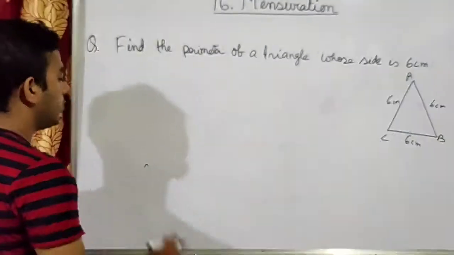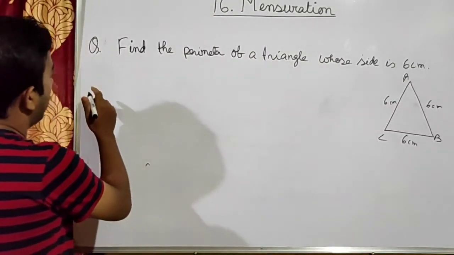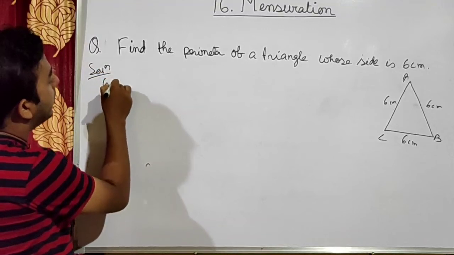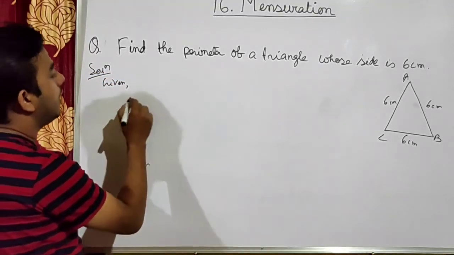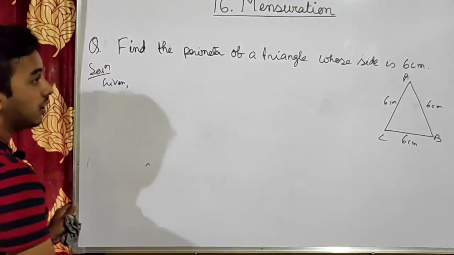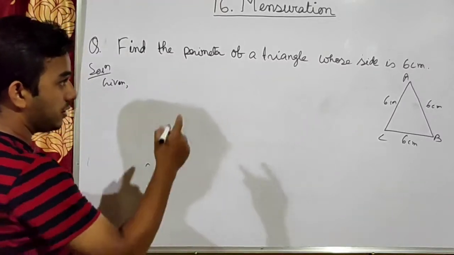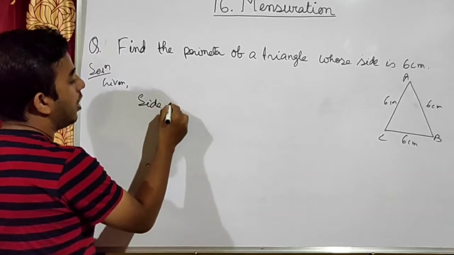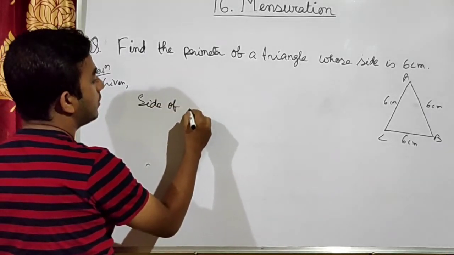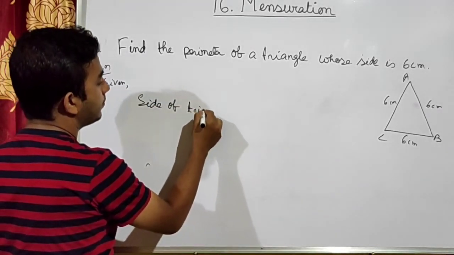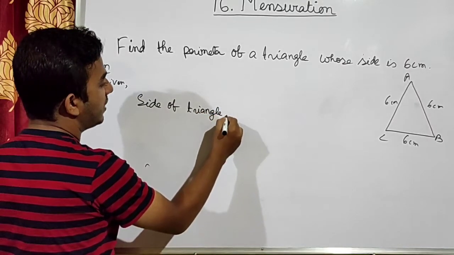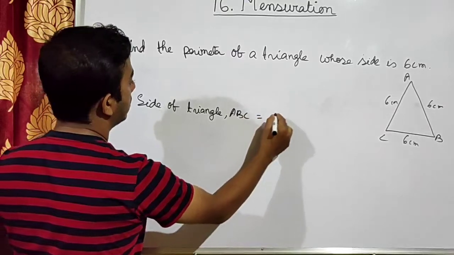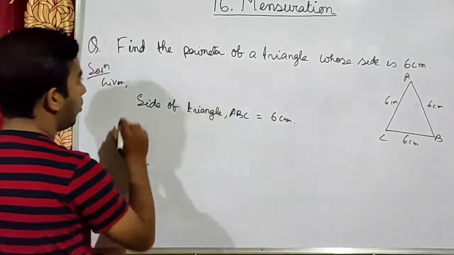We'll proceed first by writing solution, then given, that is given what? Side of a triangle. So we'll write given side of triangle ABC equals 6 centimeter.